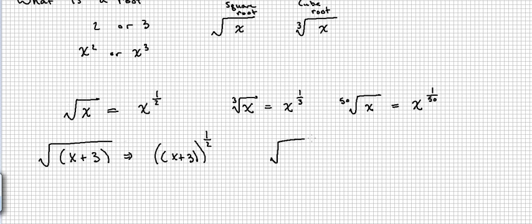So if I had the square root of this: x plus 3 squared plus 7 squared. Now, a common mistake is, I have a square root, so I can just take the square root of the 7 and break it up into something like this.